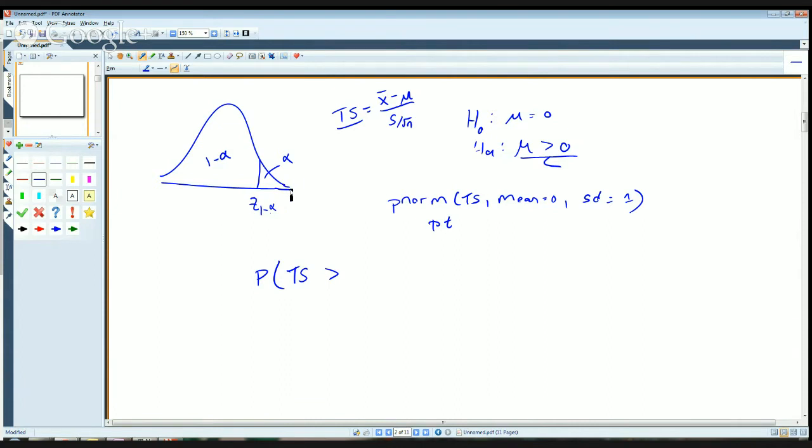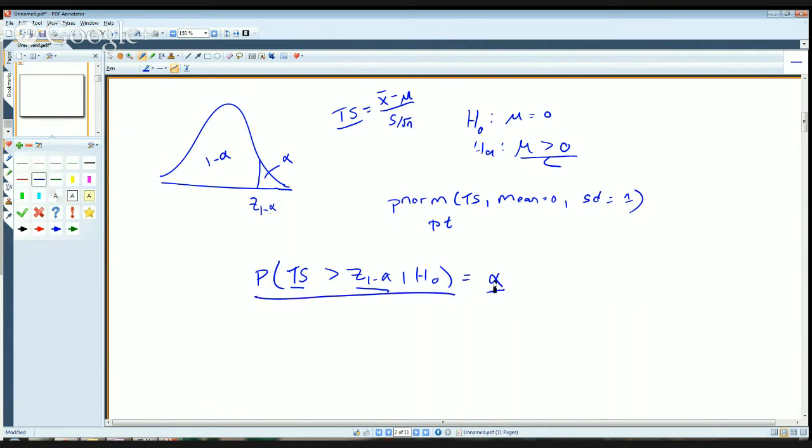And so the probability under the null hypothesis of the test statistic being bigger than z 1 minus alpha will be alpha, okay? So if we compare our test statistic to that quantile, the probability of rejecting under the null hypothesis will be exactly alpha.